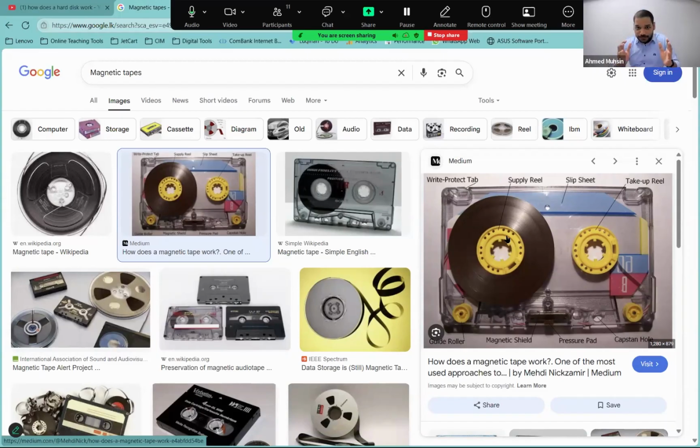Magnetic tapes use something called sequential access. Sequential access means you can't jump to a specific point. You have to start from 0 and keep moving forward.